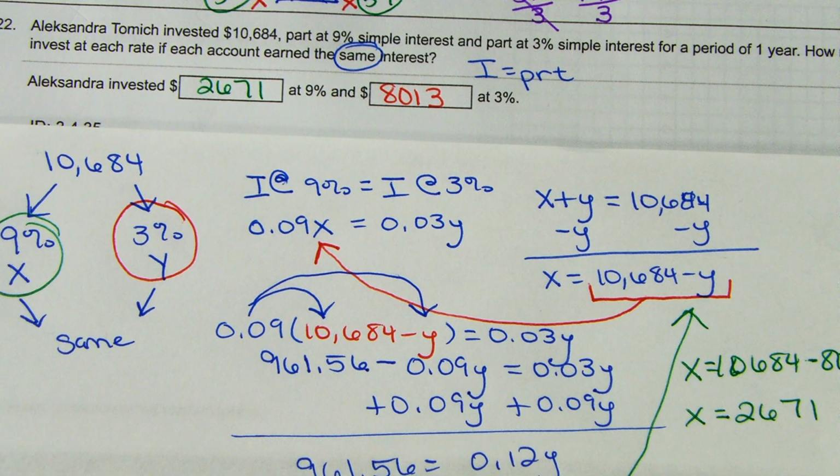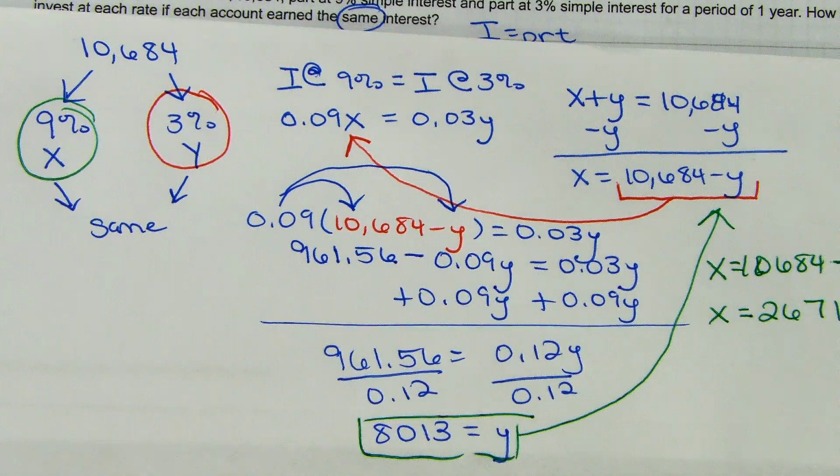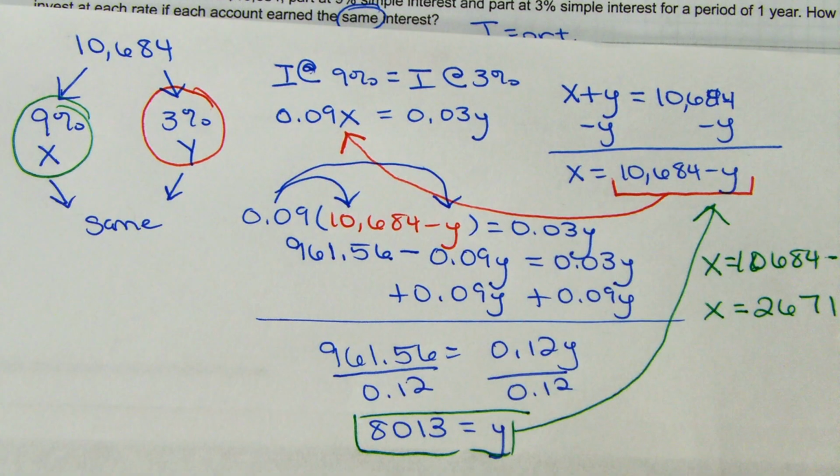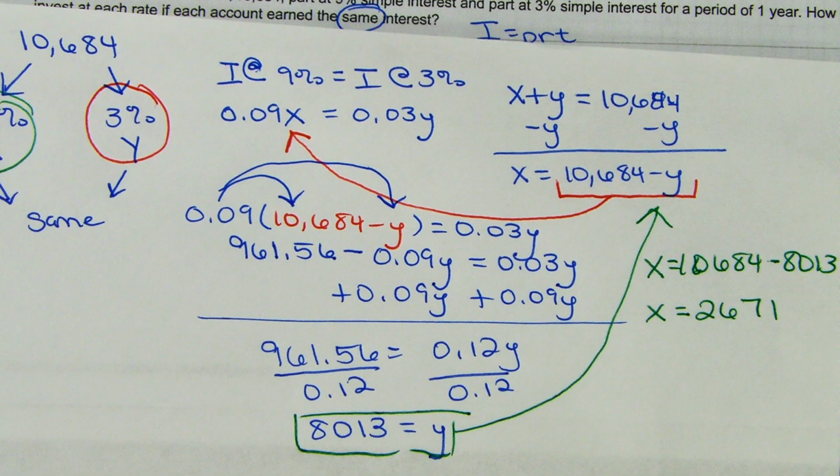So I take $10,684 minus 8,013, and I find that x equals 2671. And again, with my diagram, I don't have to remember what x was. x is the amount invested at 9%. So in my answer box, it's going to be 2671.